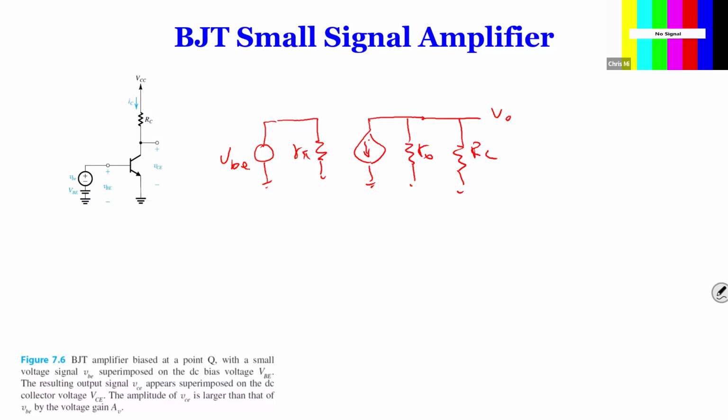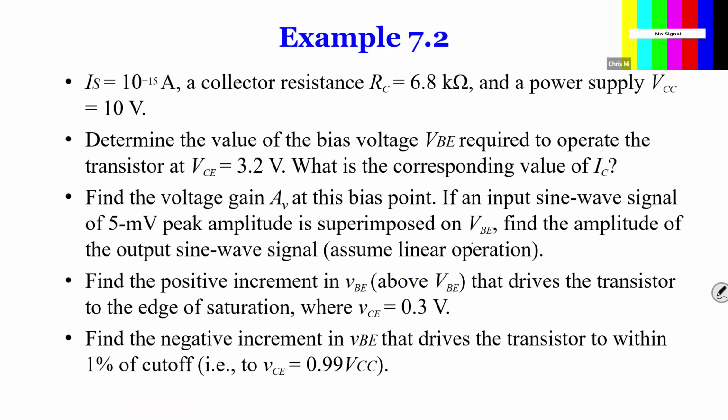So that's how we got our BJT small signal equivalent circuit. The only difference between this one and the MOSFET is we have R pi, and the equation expressions for how to calculate R pi and gm. You guys should write that down or memorize that.